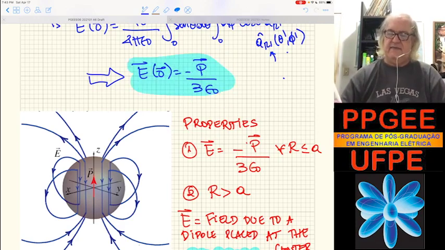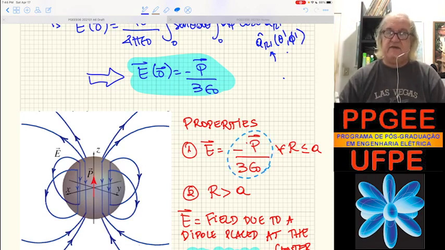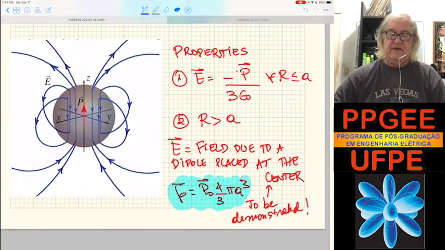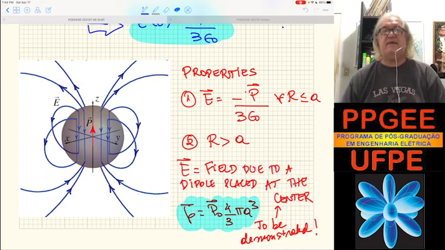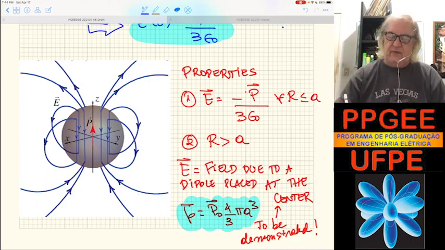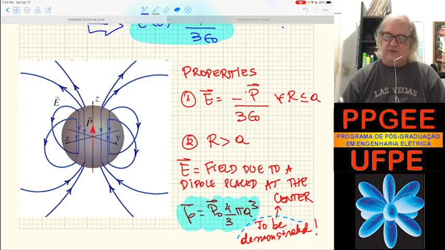And we will show that the field is the same everywhere inside of the sphere, right? So the field of a uniformly polarized sphere is uniform everywhere inside of the sphere. And outside, the field is exactly that due to a dipole placed at the center, with the dipole moment equal to the dipole moment of the sphere, which is that one. We're going to show that.